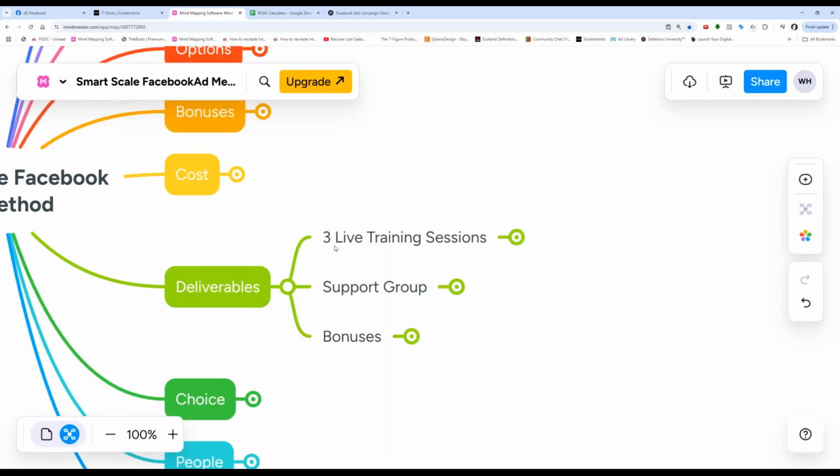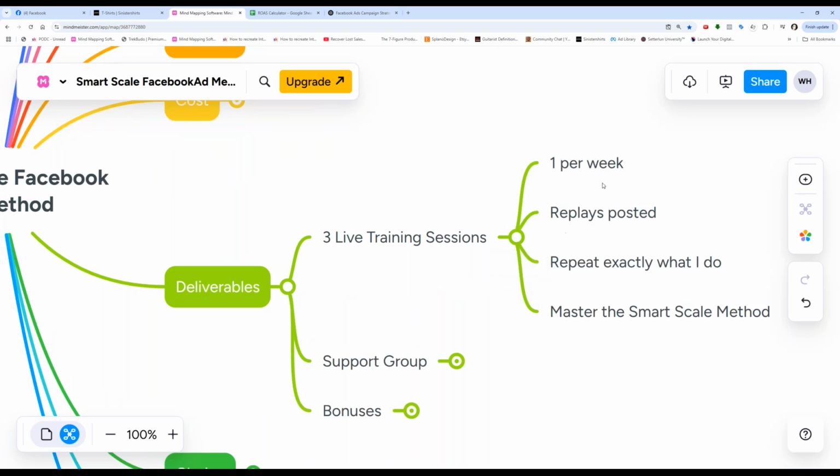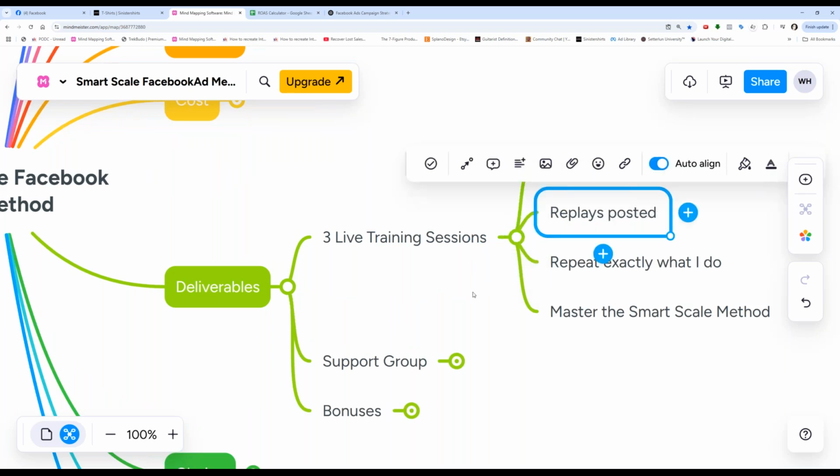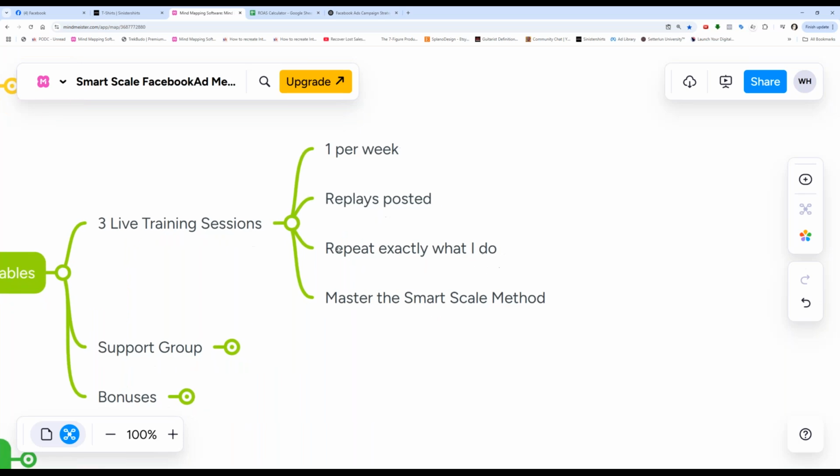Deliverables, here we go. You're going to get the 3 live training sessions, which is 1 per week. Replays are posted inside the support group. And you repeat exactly what I do. You're going to be a master of the smart scale method by the end of the 3 live training sessions. I put a week in between because, starting with the testing method, you do need about a week to gather the data so that we can move on to the growing stage.